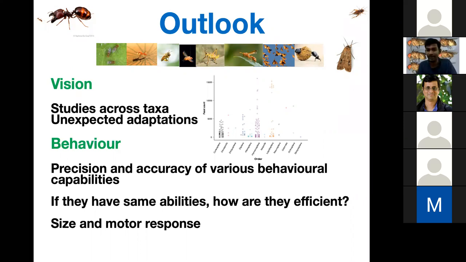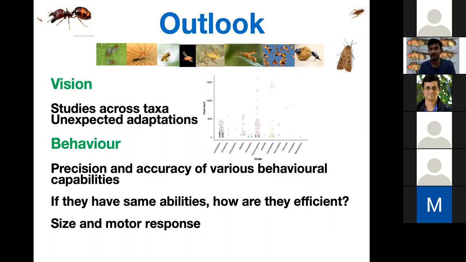At this point, I'm not really thinking about the mechanistic differences, but to start with, if you have a certain behavior where they have to use a motor response, I'm going to give an example of, say, a spider making its web.